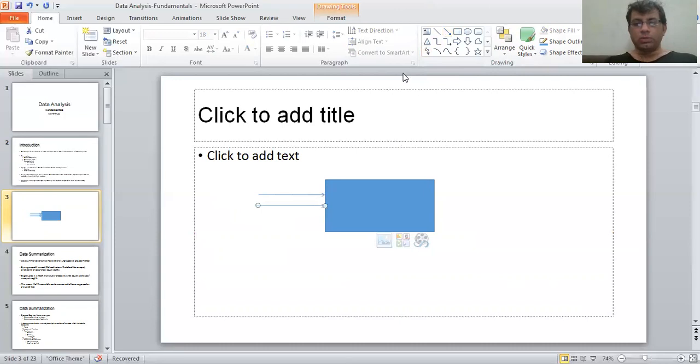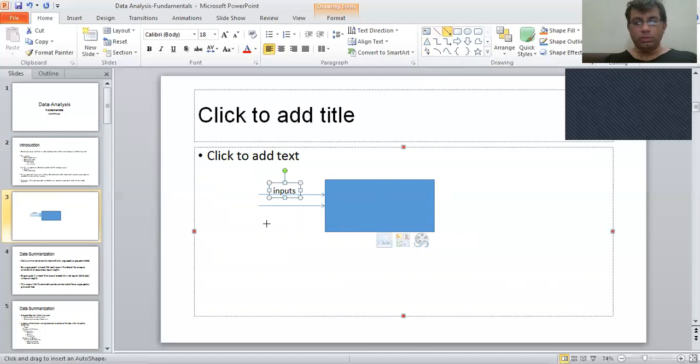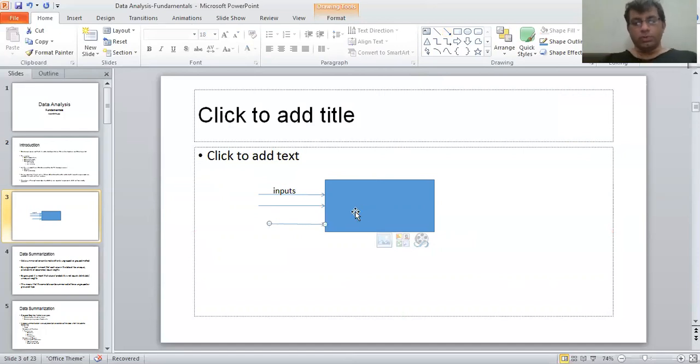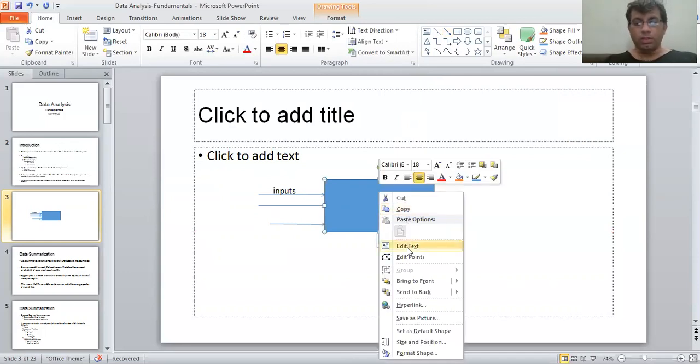So these are our inputs. Let me put another arrow just to indicate that there could be more than one input. And this is our system.